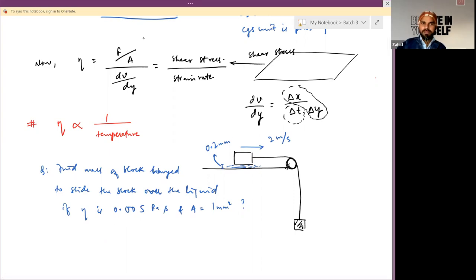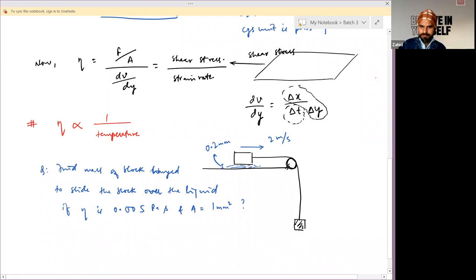Let me give you some hint how to approach this problem. There will be a force acting on this block along the downward direction that will be capable of sliding this block over this liquid, or to overcome the viscous force experienced by it. So force is mg. Area of liquid film is 1 mm squared, so just multiply it by 10 to the power minus 6 meter squared.